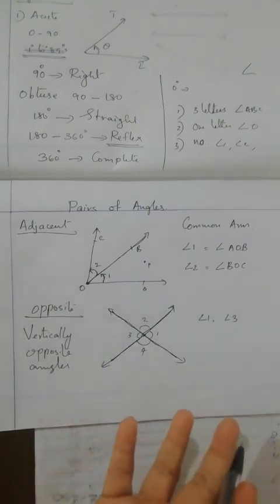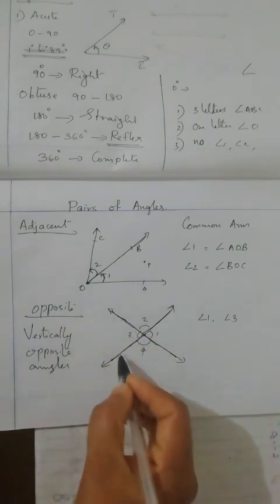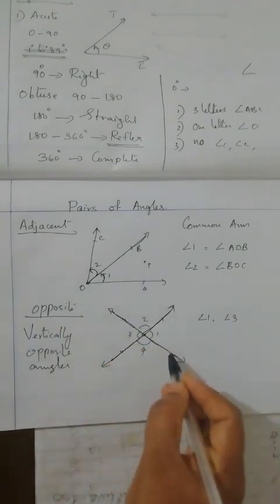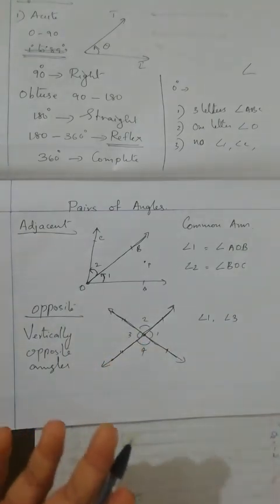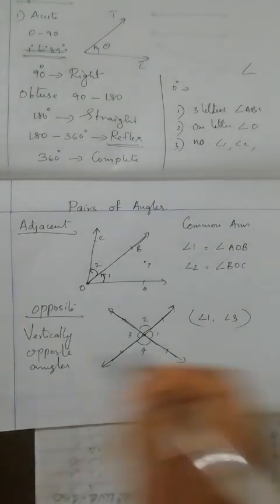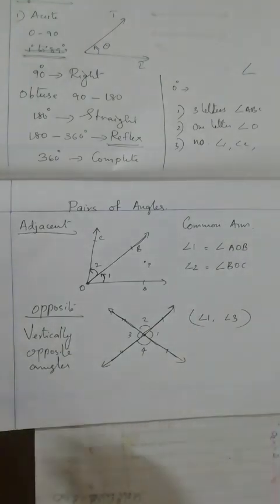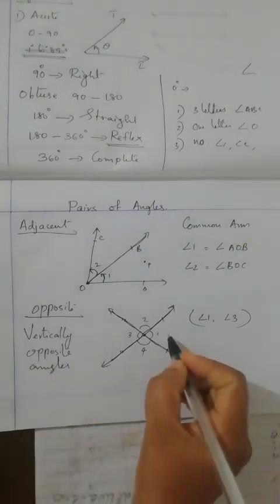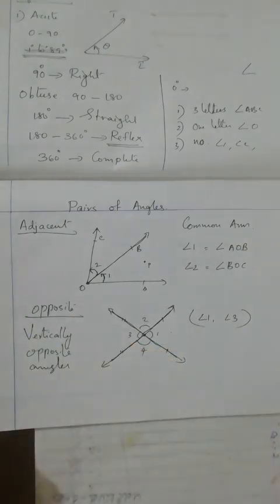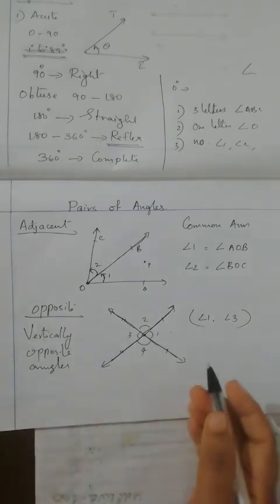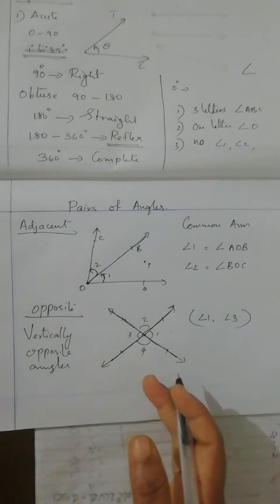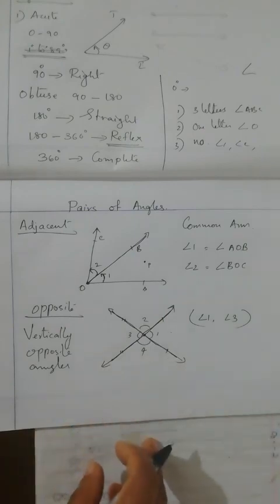They have no common arm. So we can say angle 1 and angle 3 are vertically opposite angles. When we take a point here, it will not be in angle 3 also. Then, are all non-adjacent angles vertically opposite angles?